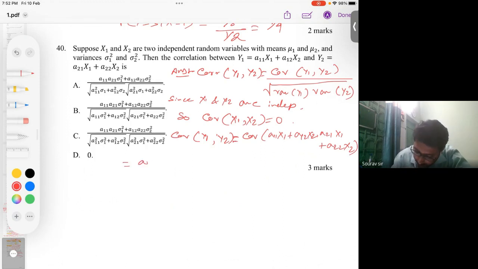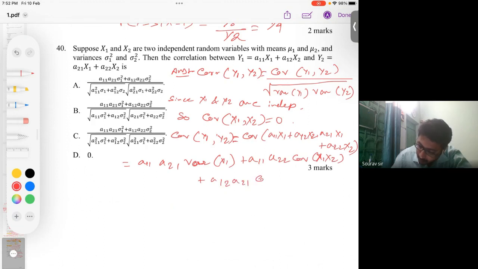So a11 a21 variance of X1 plus a11 a22 covariance of X1 X2 plus a12 a21 covariance of X2 X1 plus a12 a22 variance of X2.